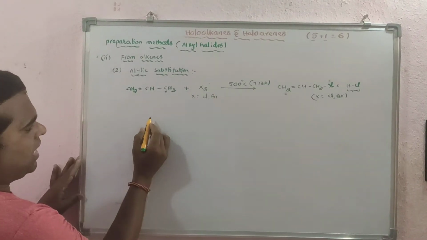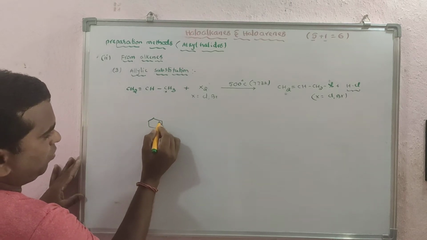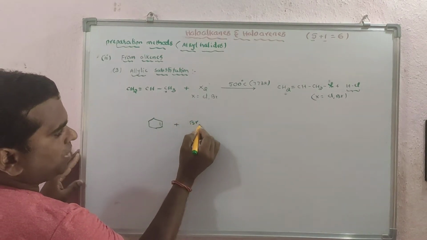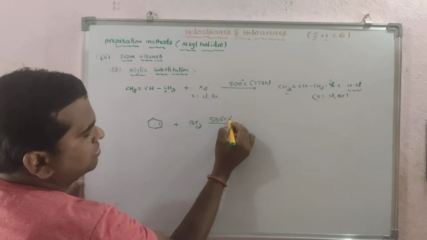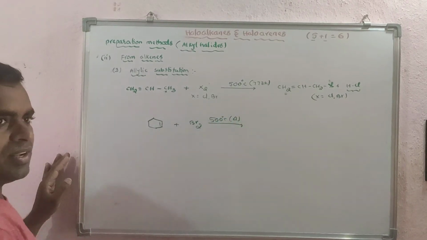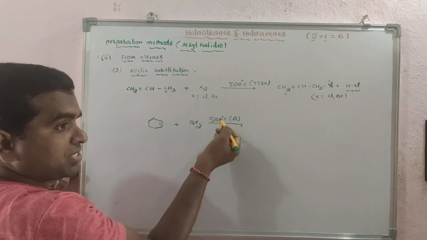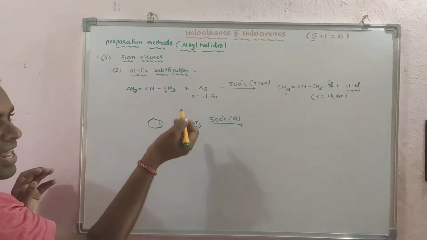I will take a simple example here. Suppose I take another one. Now I will take bromine here and I will maintain the same 500 degrees centigrade. Sometimes they will give delta here, which indicates high temperature. Sometimes they will also give it in the presence of UV light. Clear? So that is allylic substitution.